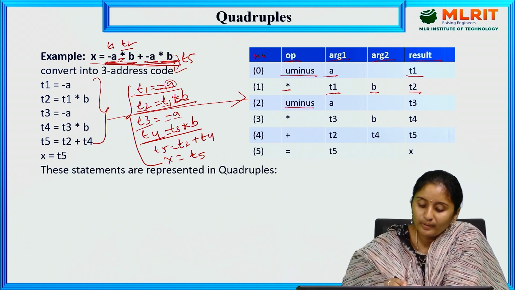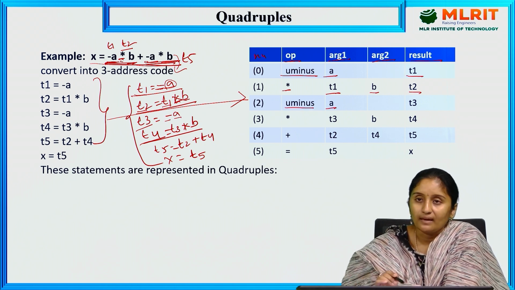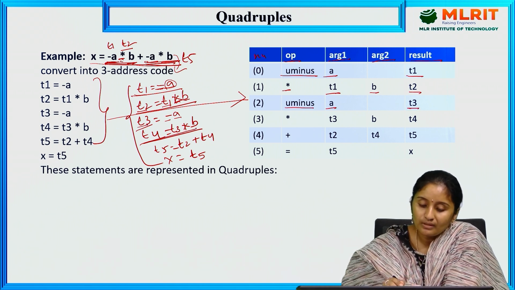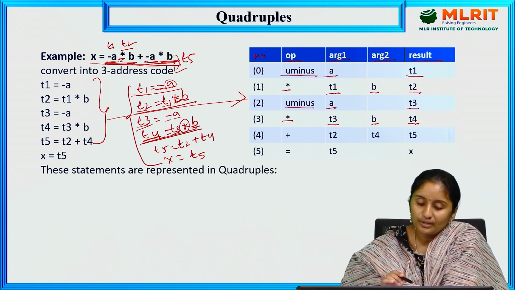I am having only one argument, that is A. And it is stored in T3. Next, in the fourth statement, the operator is multiplication. Argument 1 is T3. Argument 2 is B. And the result is stored in T4.